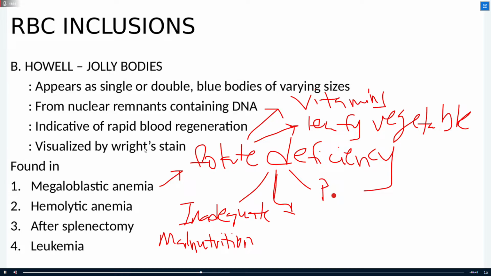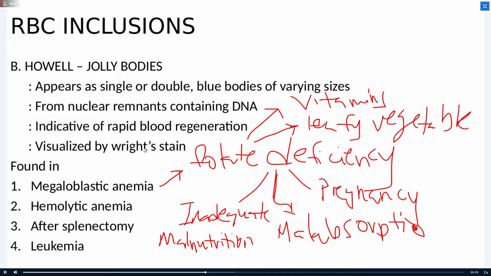Okay, pregnancy, yes. What else? Starts with the letter M as well. There's malnutrition, there's pregnancy. Alright, malabsorption.